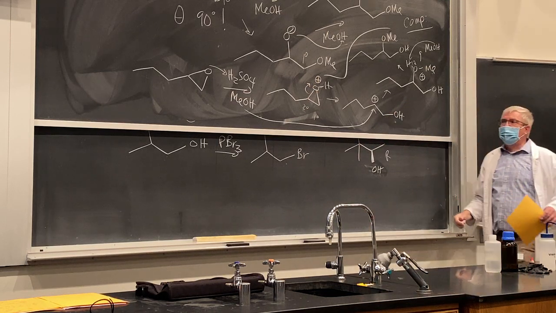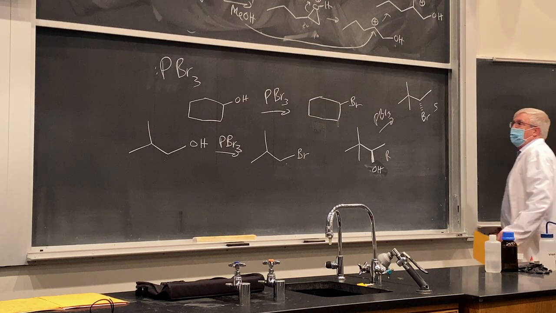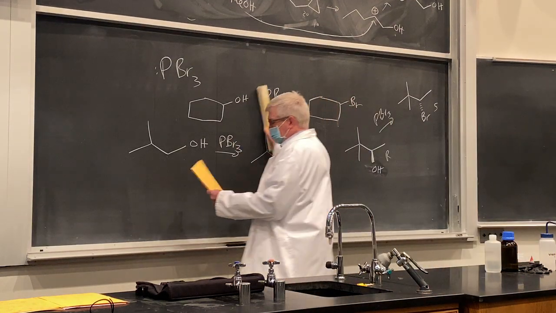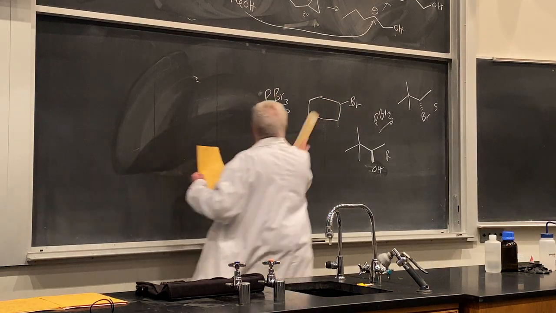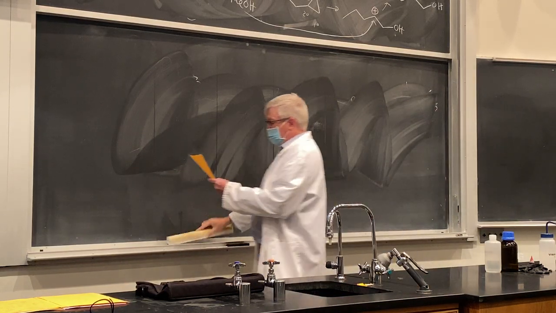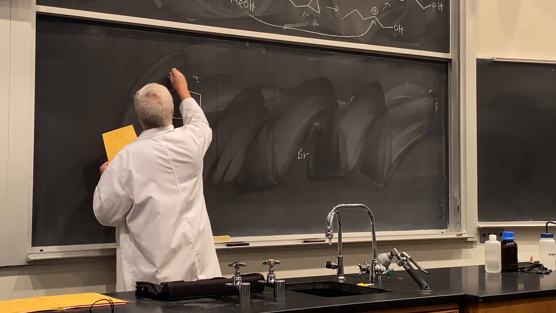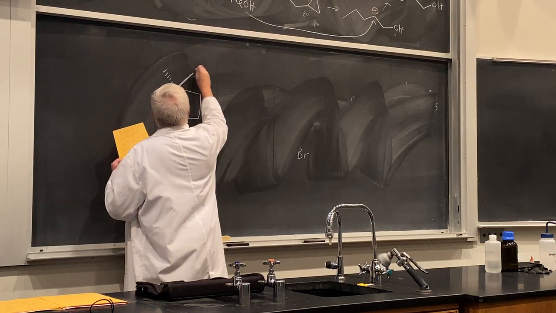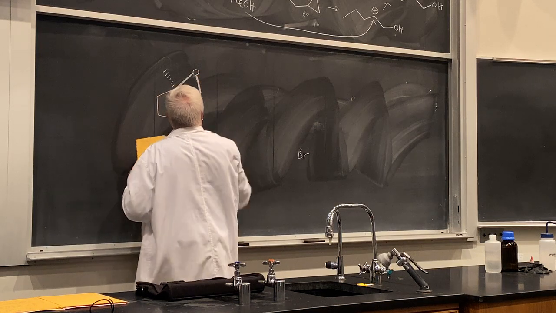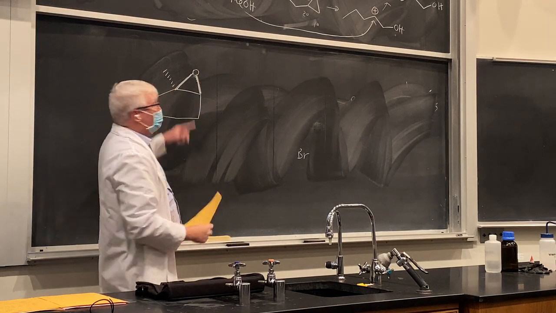Let's work a couple more examples, and I think this will make some sense. And what do we got here? How about this one? So here's one where we've got an epoxide. And that epoxide has what? A secondary position and a tertiary position.